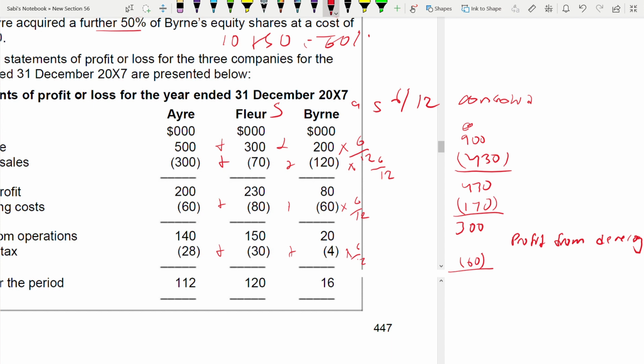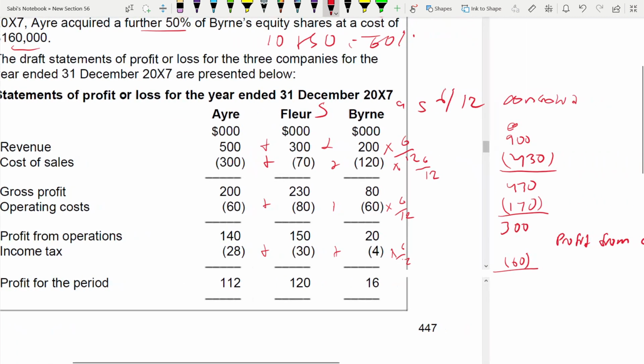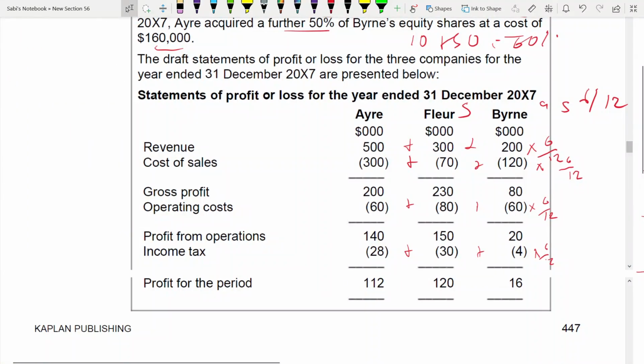Okay, then we are left with profit for the period 240. Okay, profit we cannot write because we don't know this one yet. Okay, and profit attributable to, we'll write that.